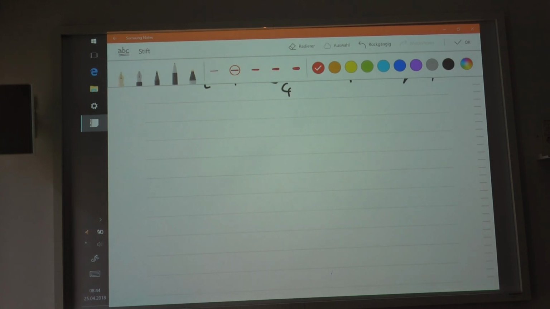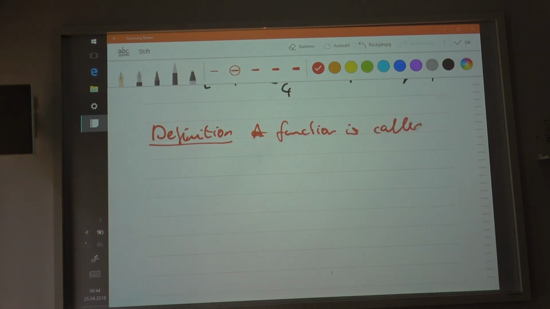Now, next definition, I'm going to talk about so-called injective, surjective, and bijective functions. So this is going to be next. A function is called, let's start with that, injective. This is nothing to do with injections from a medical perspective.